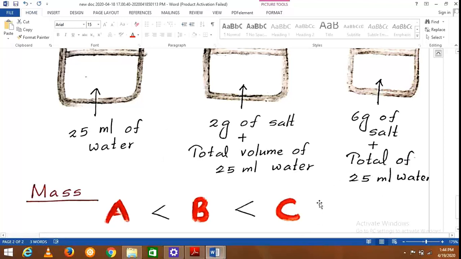Which will have the highest mass? So this C should be water taken from sea. B should be water taken from a lagoon, and A should be water taken from a well. So by using this simple activity, you can compare the salinity of different types of water.